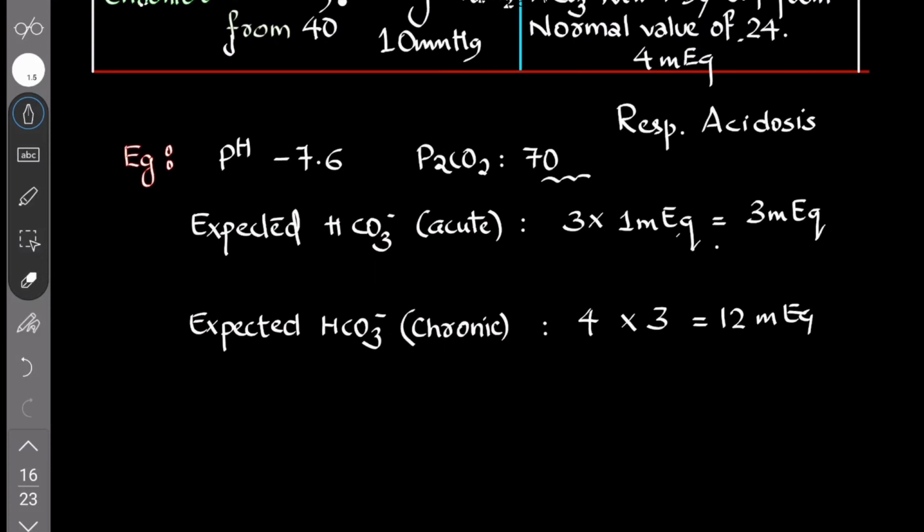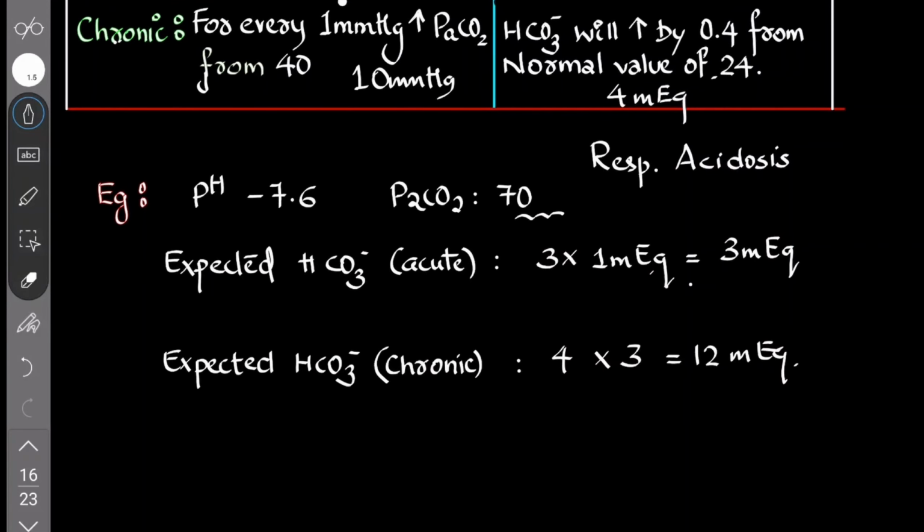Okay, so from normal it is 24 plus 3, that is 27, and for chronic 24 plus 12, that is 36 milliequivalents.